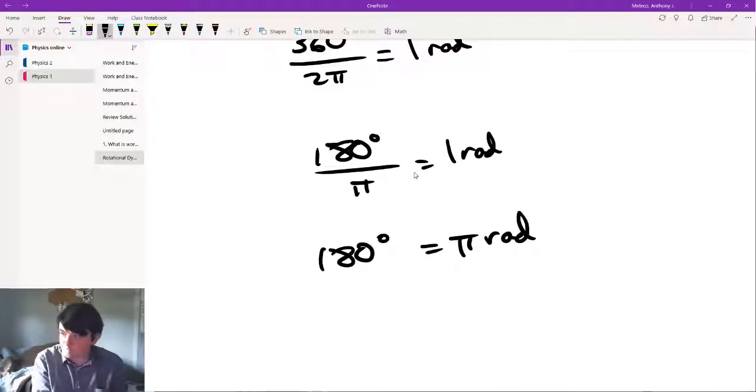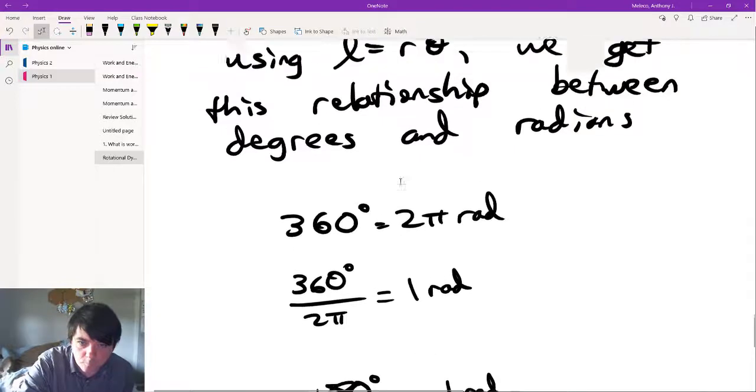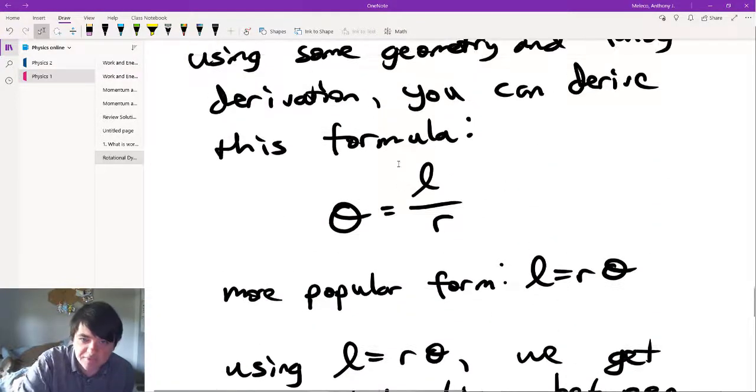Now, I've actually taught you that your units on one side of the equation equal your units on the other side. So in this case, wouldn't a degree be a radian? Yes. Both are technically dimensionless. You can see it here where the length is over the radius, which would both be in units of whatever. Maybe the arc length is in meters and the radius is in meters, so meter over meter means that angles are dimensionless.